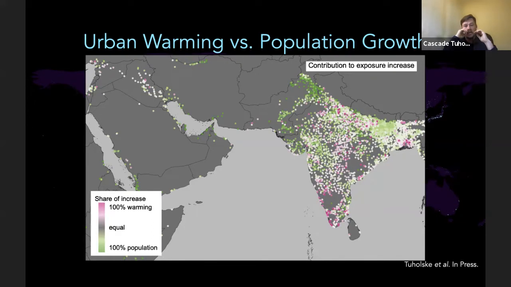And what's really striking about this data set is that even in regions with rapid urban population growth, the urban warming signal as a contribution to total exposure is coming through as stronger. So southern India is an area of concern. Cities are growing really fast there, but the urban warming signal is growing even faster in terms of the contribution to total exposure. As well as the Tigris-Euphrates region is another area of concern where that warming signal really comes through in our data set.